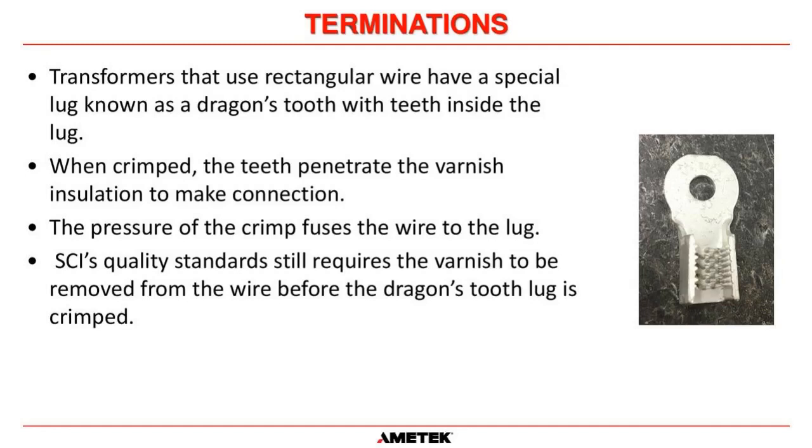The pressure from the crimp actually fuses the wire to the lug. We go one step further in this process and we remove any resin and the insulation off magnet wire prior to putting the lug on. It's just another quality control process to assure we have a good connection there.